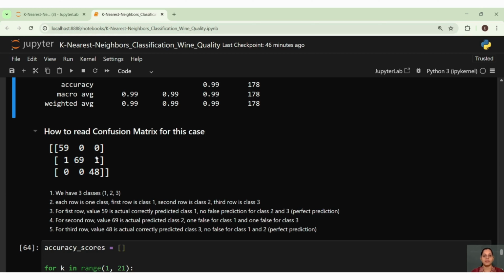However, one output is wrongly predicted as class 1 and one output is wrongly predicted as class 3. Then in the third row, we have 0, 0, 48, so 48 are correctly predicted as class 3. There is no false class 1 or class 2, a perfect prediction, I could say.